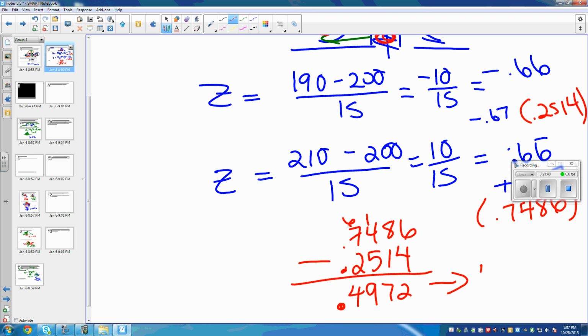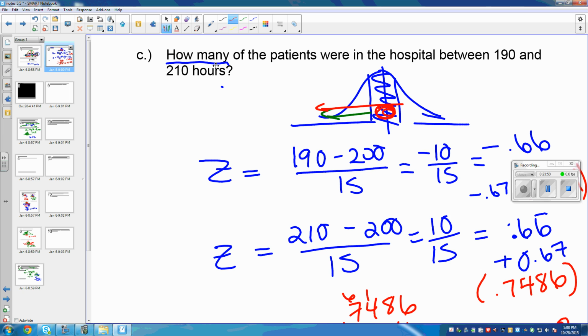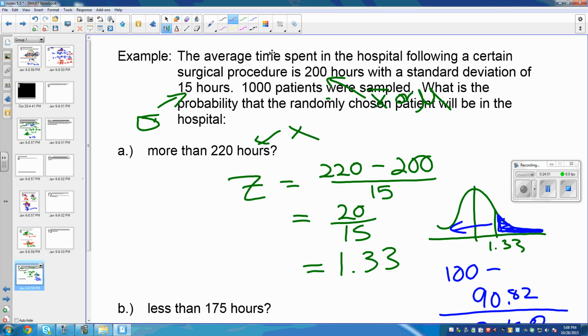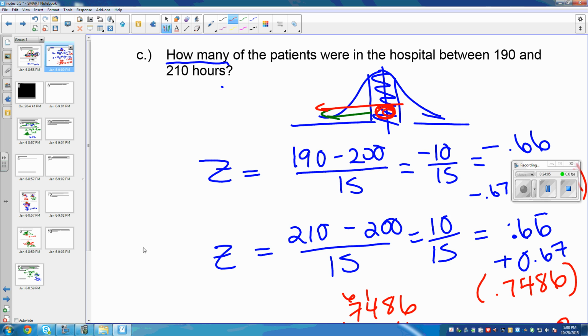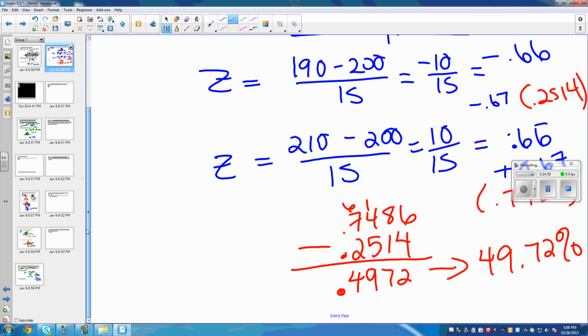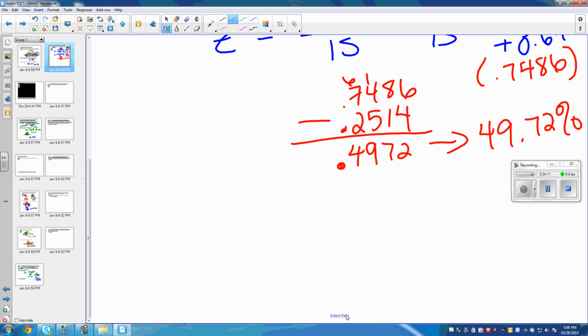So going back to this question, it told us there's 1,000 patients. So what do we do? We take that 0.4972, that's in decimal percent, and we times it by the 1,000 people. Okay? And when we do that, we're going to end up with 497.2 people.